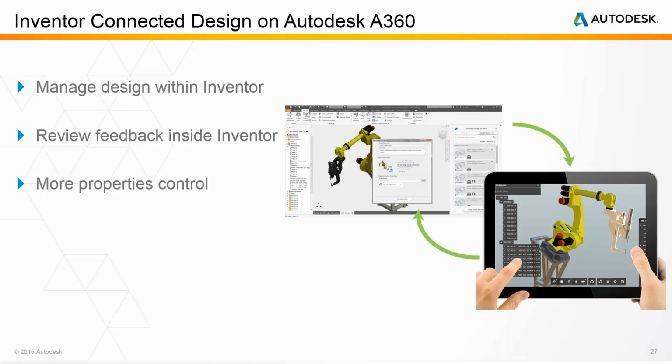So there's several enhancements, a few quick ones: the ability to collaborate and incorporate feedback, which can now be reviewed and managed directly inside of Inventor rather than having to go to the A360 website to access it. And you've now got the ability to control the sharing of part properties and part names in addition to the model graphics for more detailed reviews.